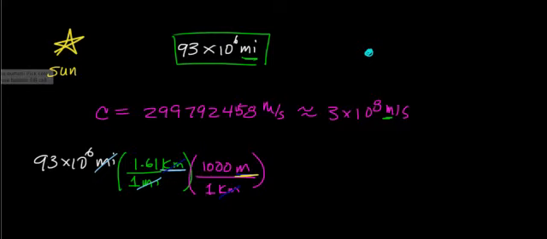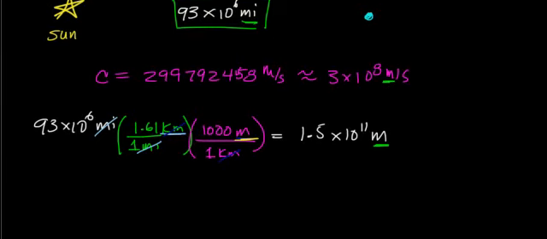Now, this number works out to be 1.5 times 10 to the 11th meters. So now we have both of our units in SI. So now both the distance light has to travel, this 1.5 times 10 to the 11th meters, is in the same units as the speed with which light travels, which is 3 times 10 to the 8th meters per second.